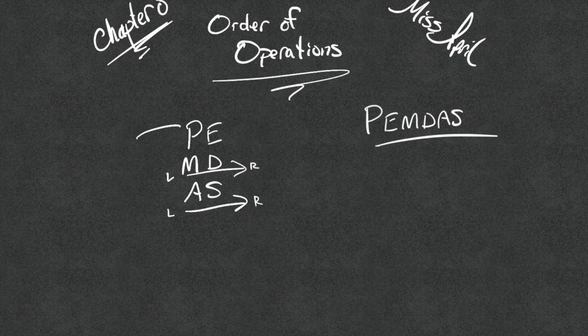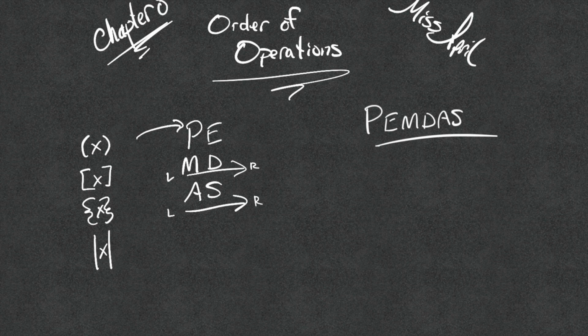And we need to talk about grouping symbols. This P not only stands for parentheses, but it also represents brackets, curly braces, those are fun to make, and your absolute value symbols as well. They all are included under that P for parentheses.